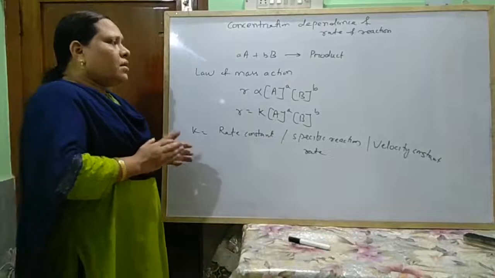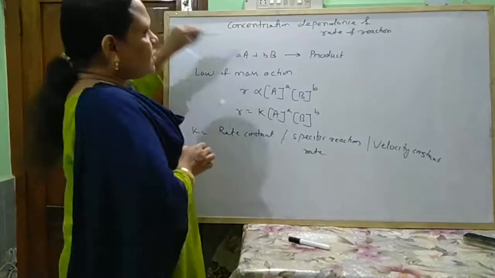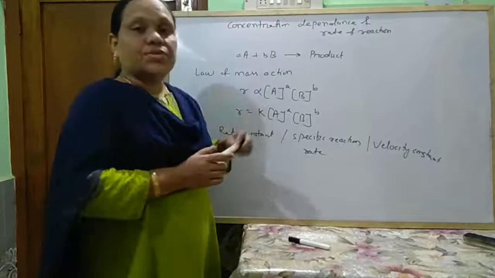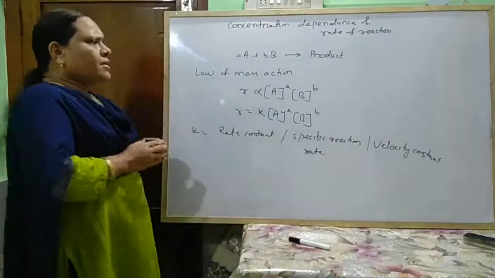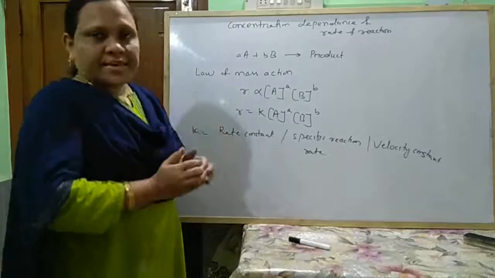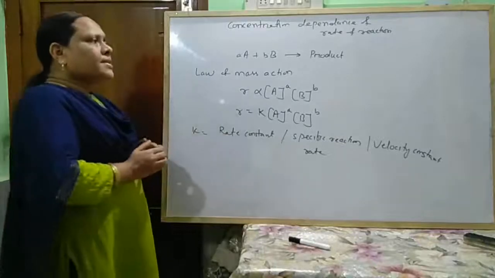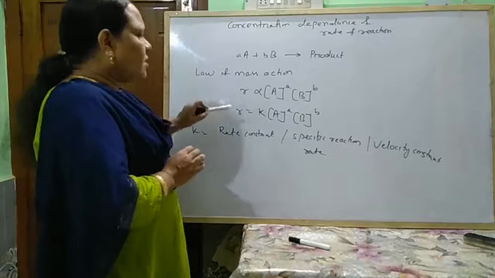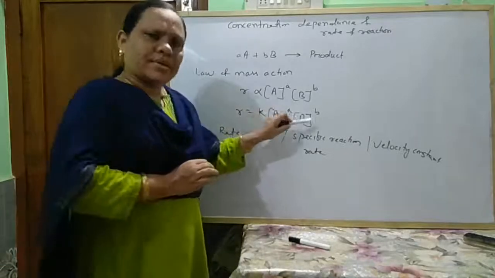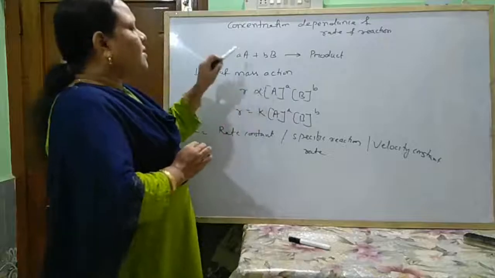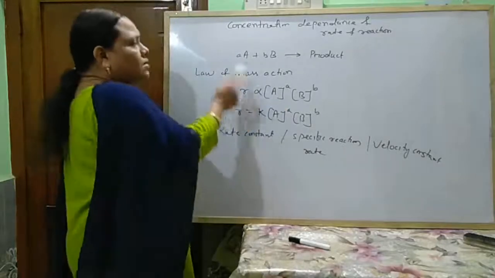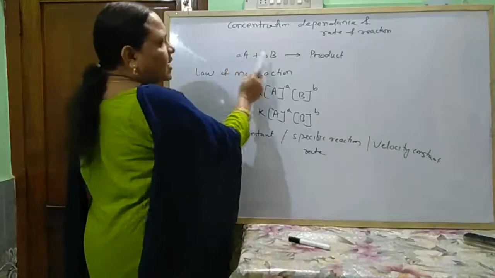But actually this is according to the theoretical value, the balanced chemical equation. This is your law of mass action. But whenever we consider the experimental facts, experimentally the rate of reaction is always proportional to the concentration of the reactant species, but the powers are not always equal to the coefficients a and b.